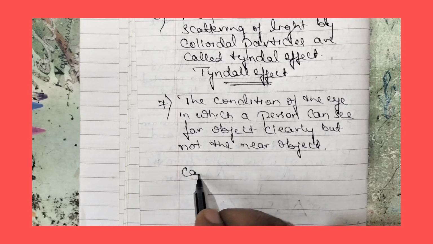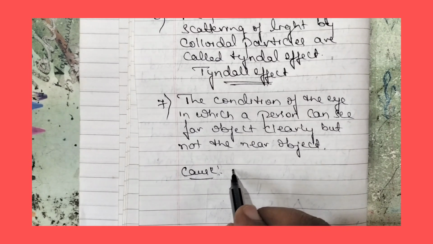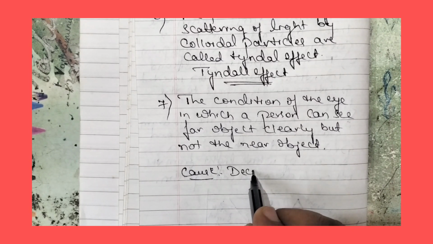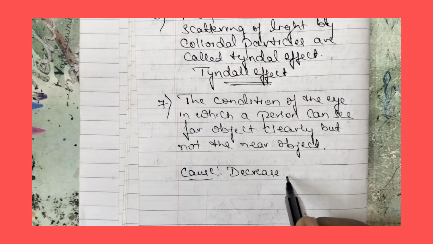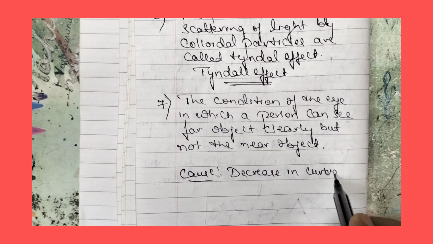Then what is the cause of hypermetropia? Hypermetropia is caused due to decrease in curvature of the lens.